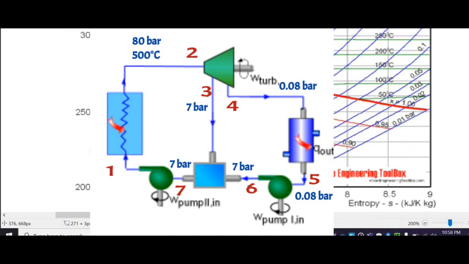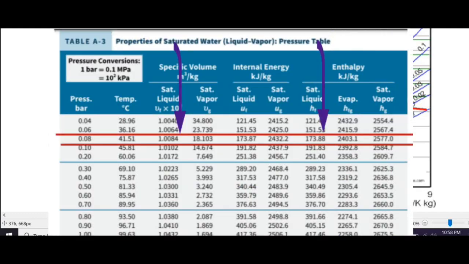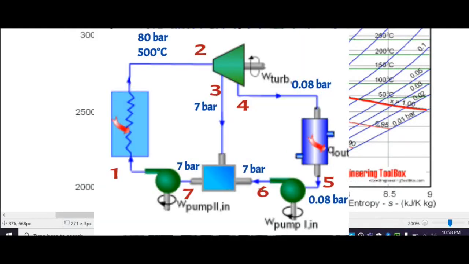So pressure at point 5, that is we have to refer here the condenser pressure, which is equal to 0.08 bar, and point 5 is on the saturated liquid line. So we have to take the value of HF. So value of HF at 0.08 bar, that is equal to H5, which is equal to 173.88 kilojoule per kilogram.